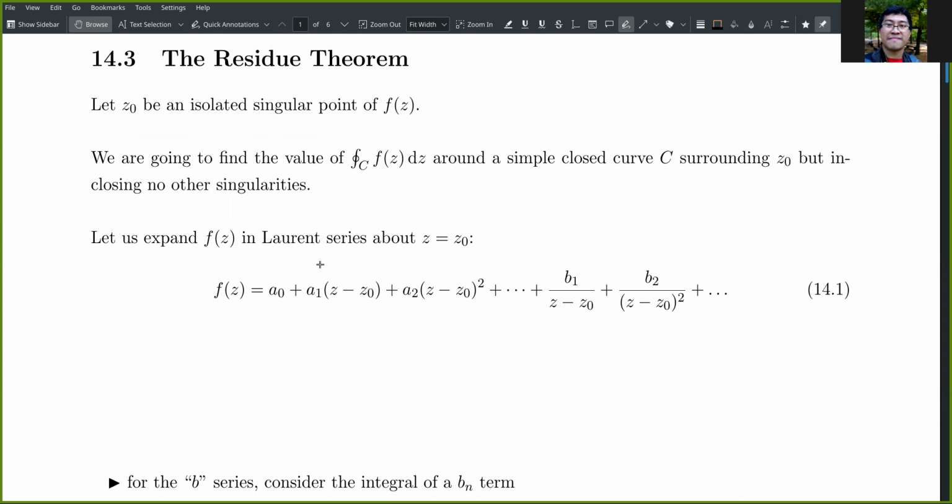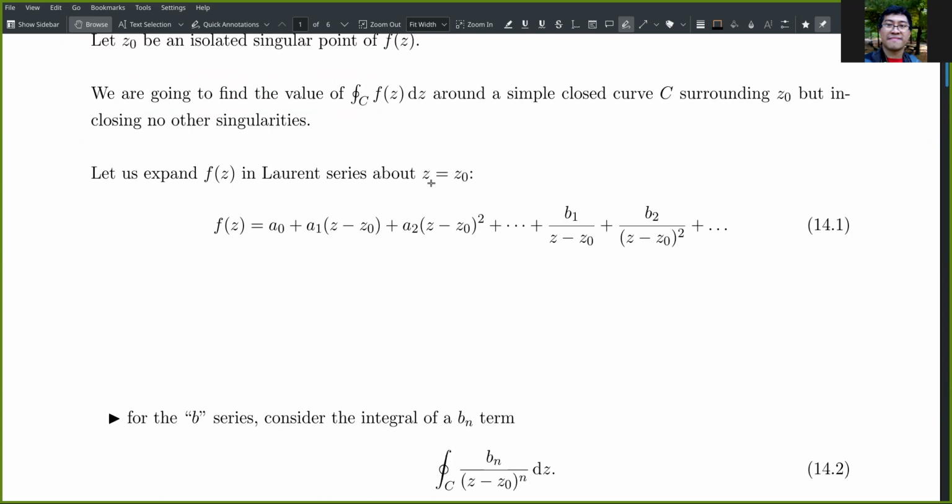Let us expand f(z) in a Laurent series about z equals z0. Take note that the A part of the series is analytic.